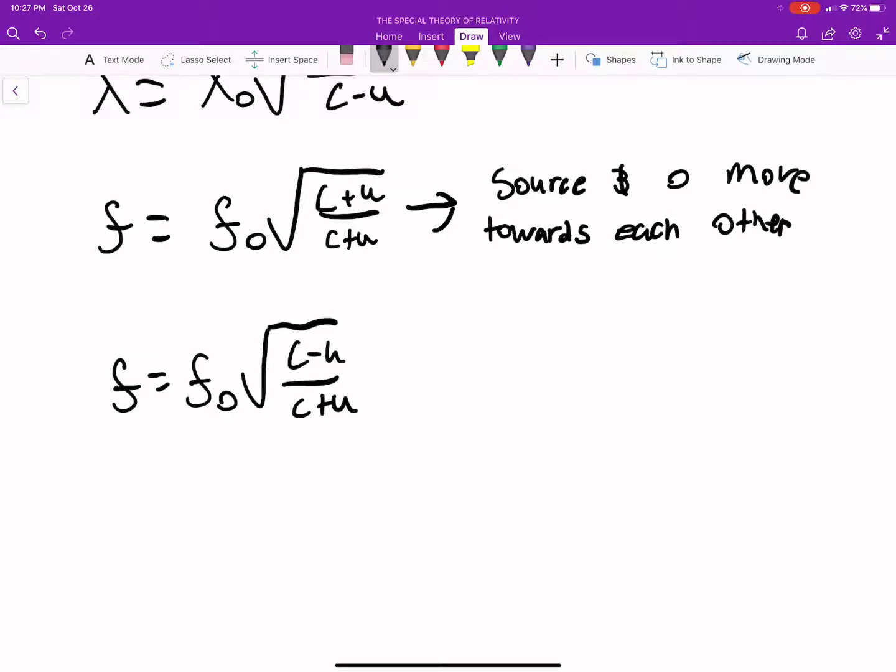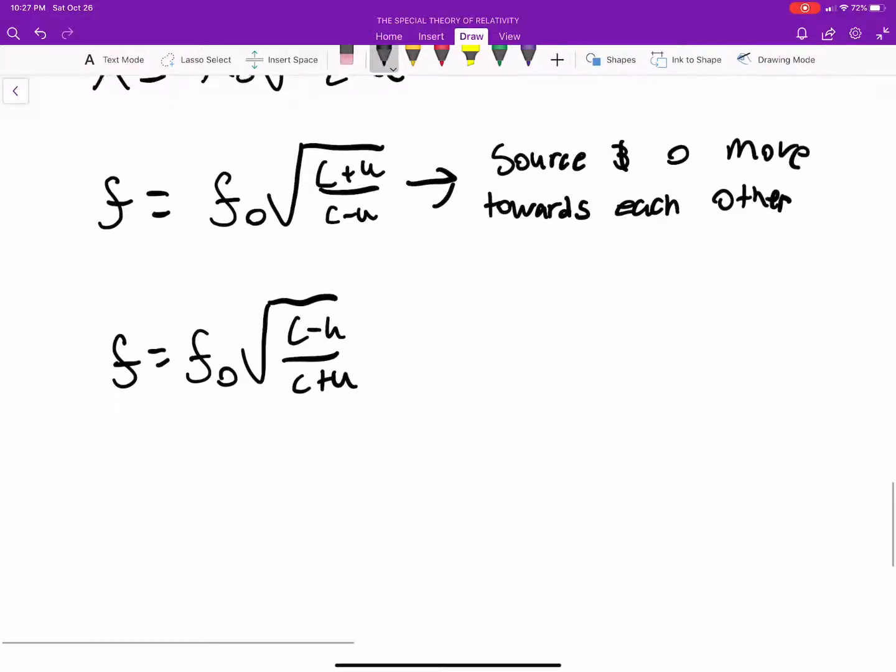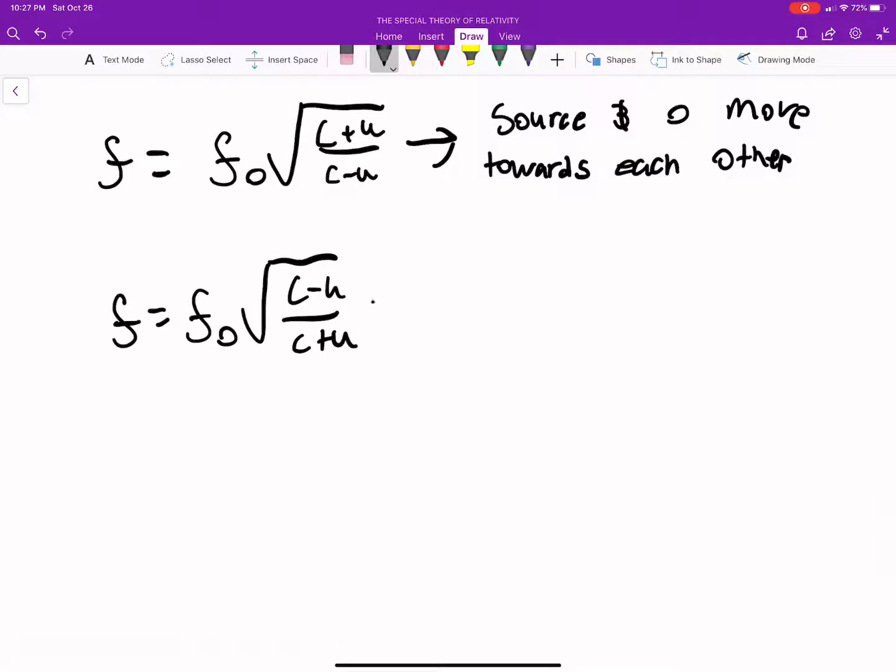Oops, plus minus. So this is when they're moving towards each other, and then this is when they're moving away. So it's just flipped. Okay.